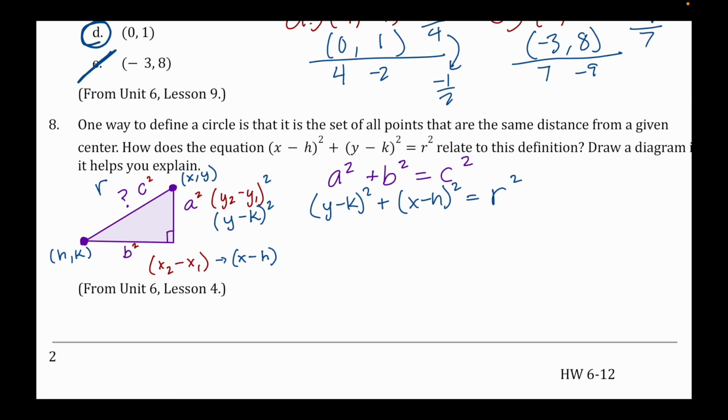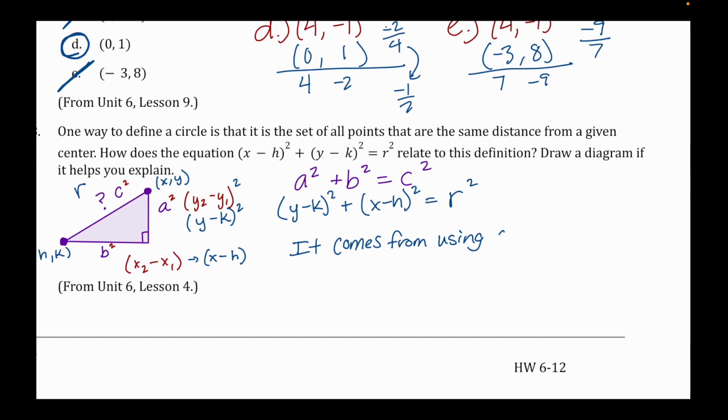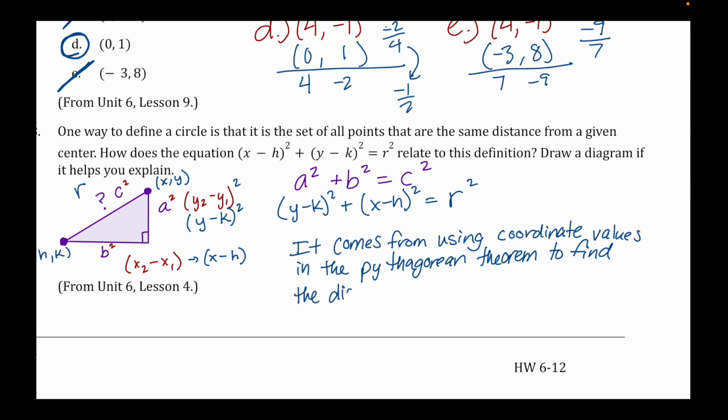So we're going to say it comes from using coordinate values in the Pythagorean theorem to find the distance between 2 points.